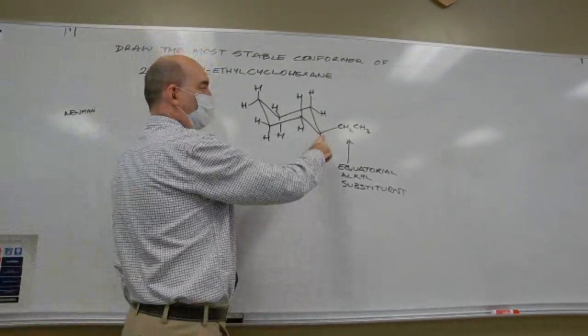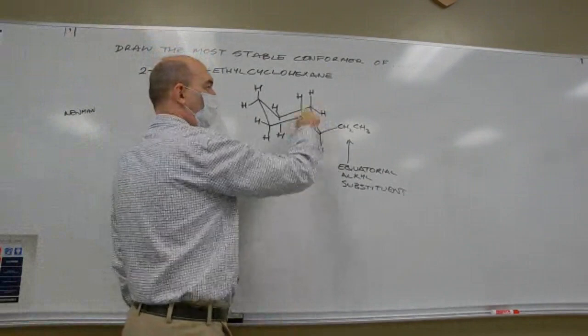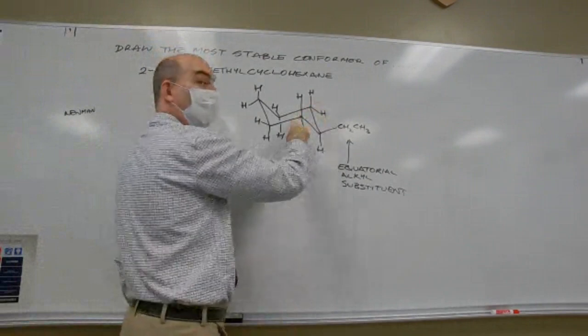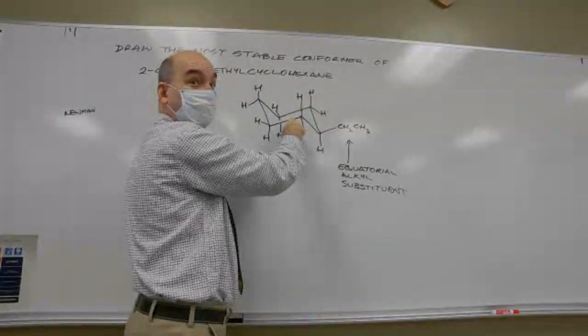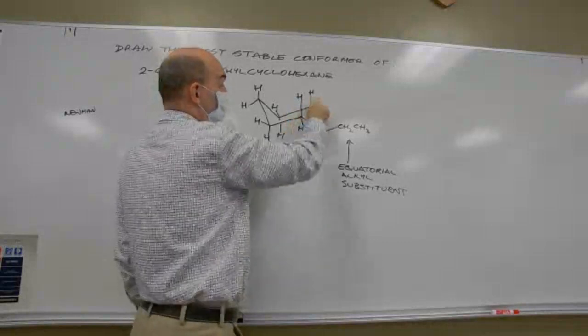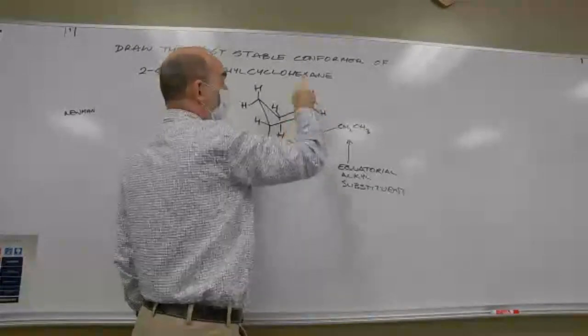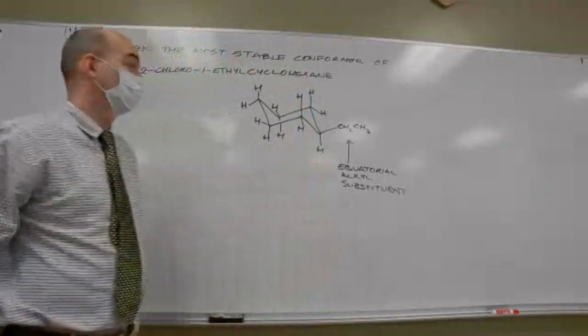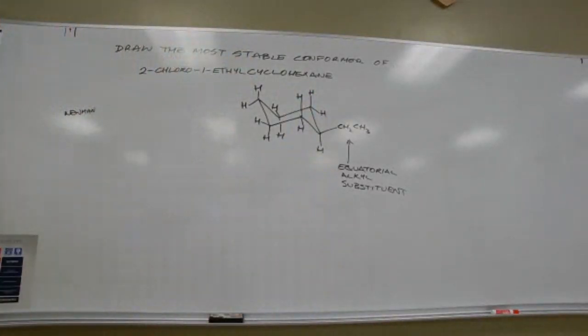This is carbon number 1. One of those 2 gets to be carbon number 2. No particular reason why you would do the one at the back or the one at the front. They're about the same. Pick one.